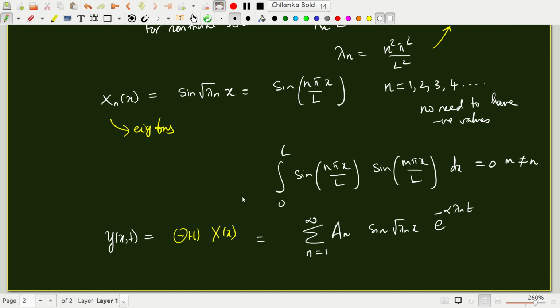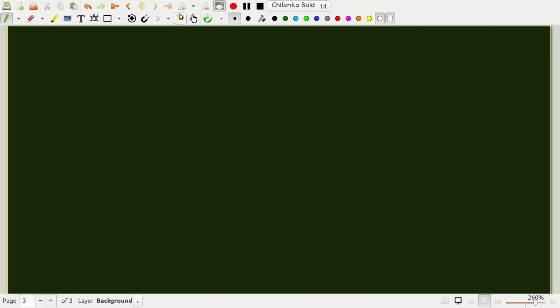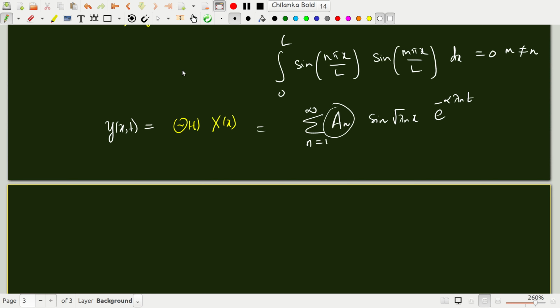Now we have to solve for these constants, but we have not used the initial condition yet. So in order to solve for these constants, we have to use the initial condition.